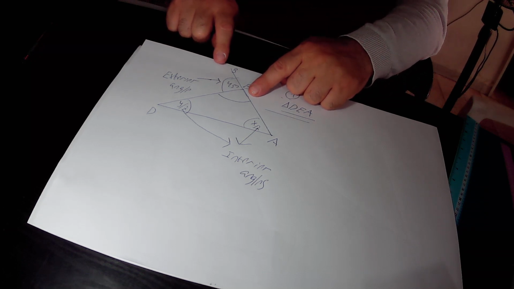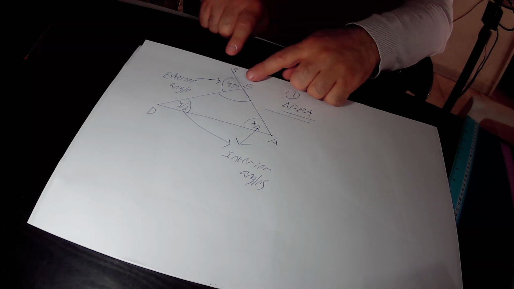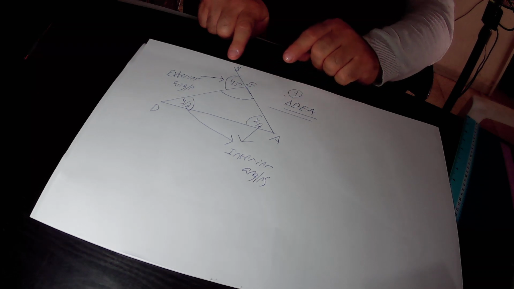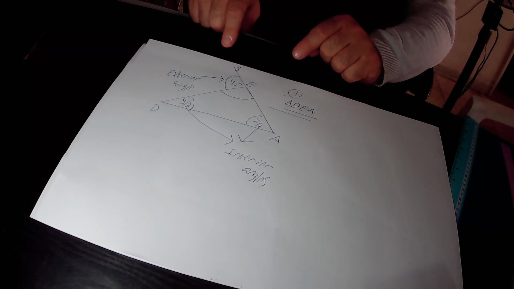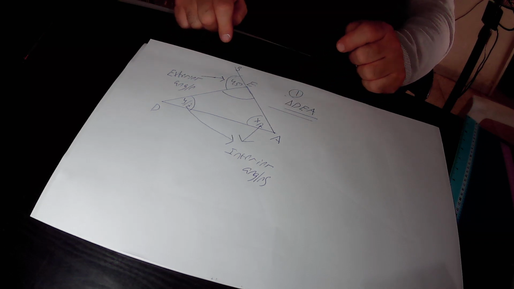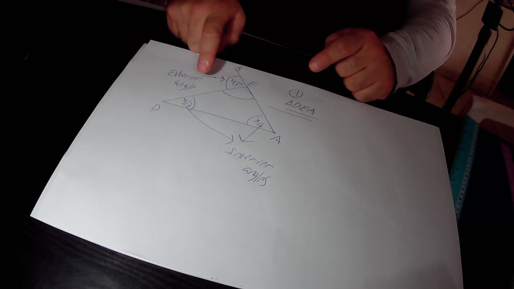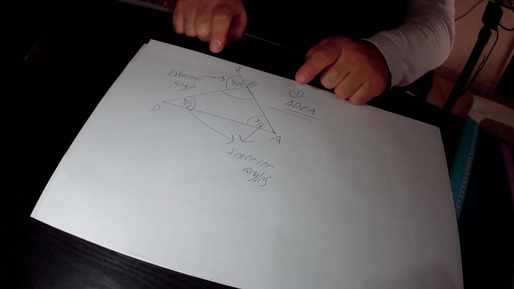This is angle DEA, and the angle DEA is adjacent to this angle BED, and the other two interior angles that are not adjacent to it are y over 2 and x over 2. And according to rule 4, the size of this exterior angle BED is equal to x over 2 plus y over 2. So write it down.